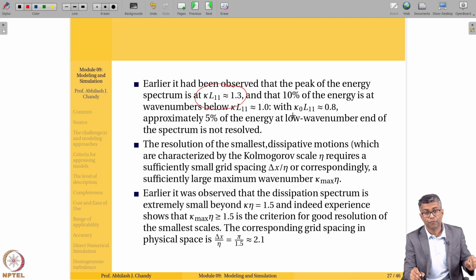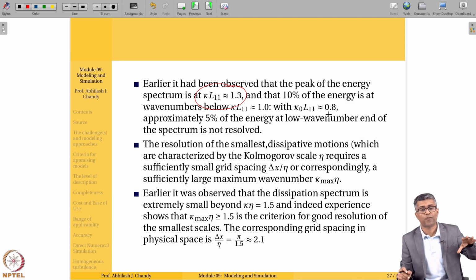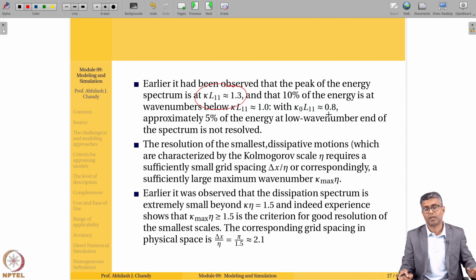So if you use kappa naught L11 equal to 0.8, which is what we are planning to use, then approximately 5% of the energy in the energy containing range, in the low wave number range, is not captured. You are missing out on 5%. You understand what I mean?